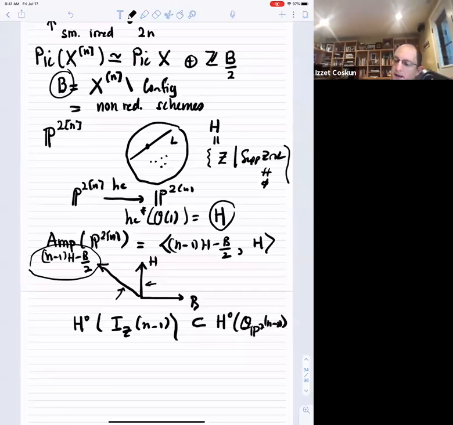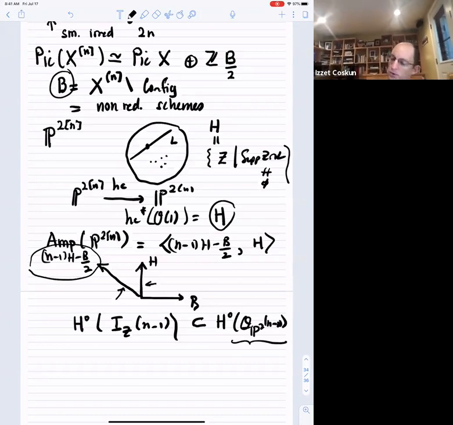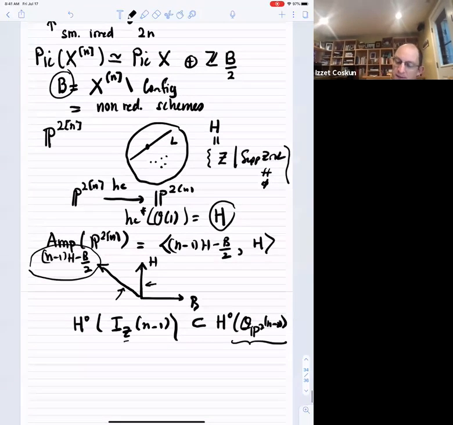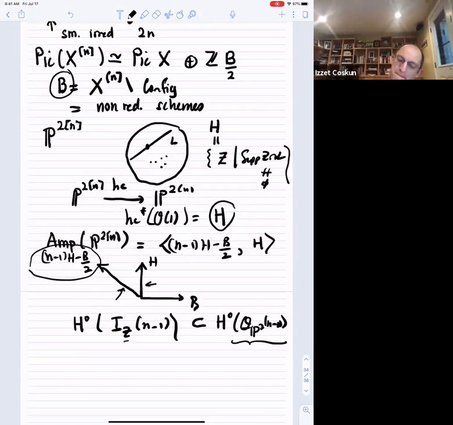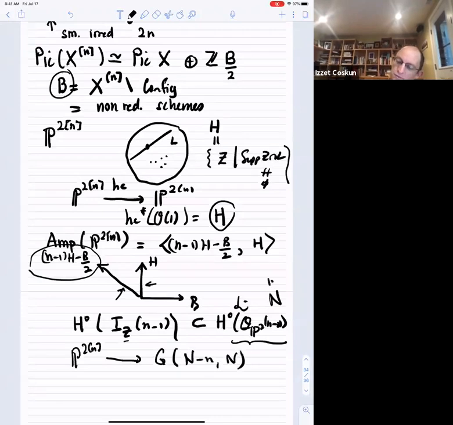So the way you should think about it here is you have homogeneous polynomials of degree n-1 on P^2, and those that vanish on Z are always a codimension n subspace of that. And so that gives you a map from this Hilbert scheme to the Grassmannian. Let me call the dimension of this thing, I don't know, capital N maybe. So Gr(N-n, N). This, of course, is nothing other than (n+1) choose 2.